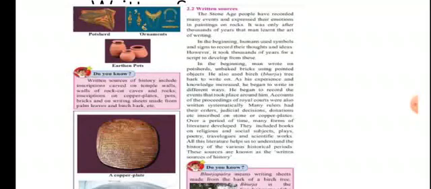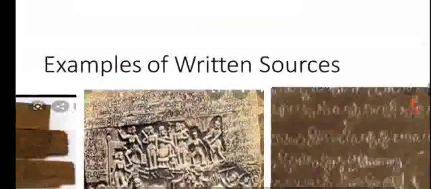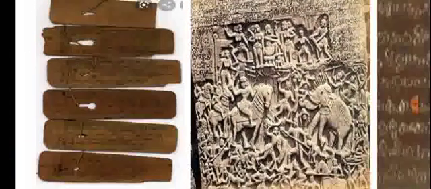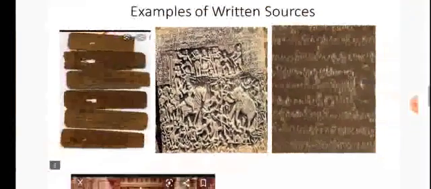As his experience and knowledge increased, he began to write in different ways. He began to record the events that took place around him. Examples of written sources. These are the Burja Patra, inscriptions, copper plates. Can you see it?